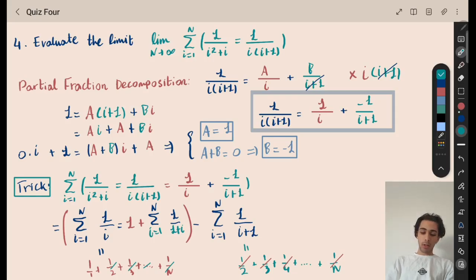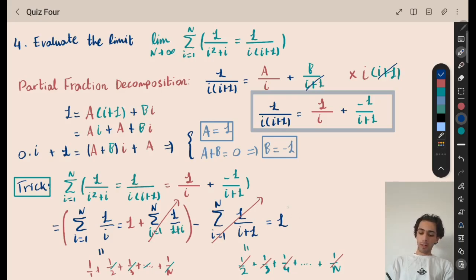Then notice that this expression is exactly the same one as that one, but it is negative, so they cancel out. And therefore, this whole thing is equal to 1.